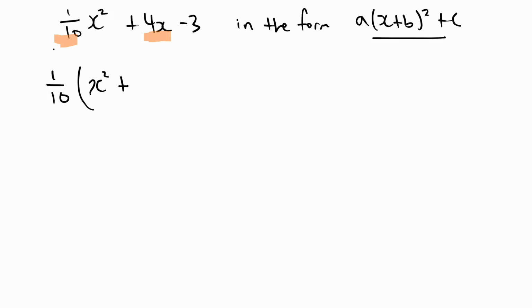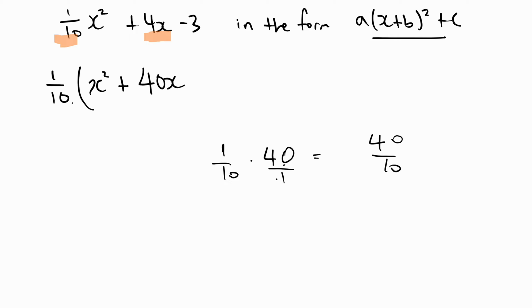So what we can do is, we want to keep the 1 over 10. We can multiply this 4x by 10 to give us 40x, because 1 over 10 times by 4 is going to give us 40 over 10, right?